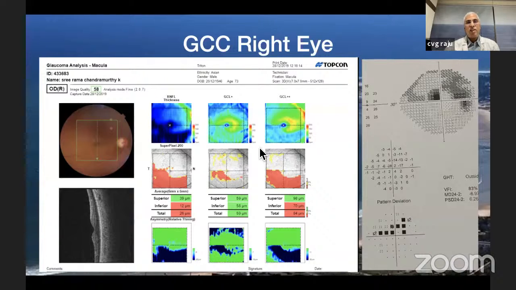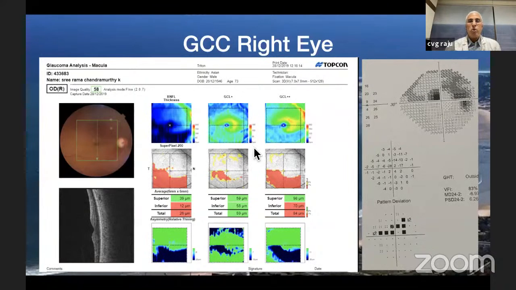Here comes the difference. If you see the GCC, this is what I was telling you, GCL plus and GCL plus plus. These two are the layers which are separately analyzed. So the first changes can happen in the GCL plus, then GCL plus plus. We can easily pick up the earliest changes in this imaging technology.